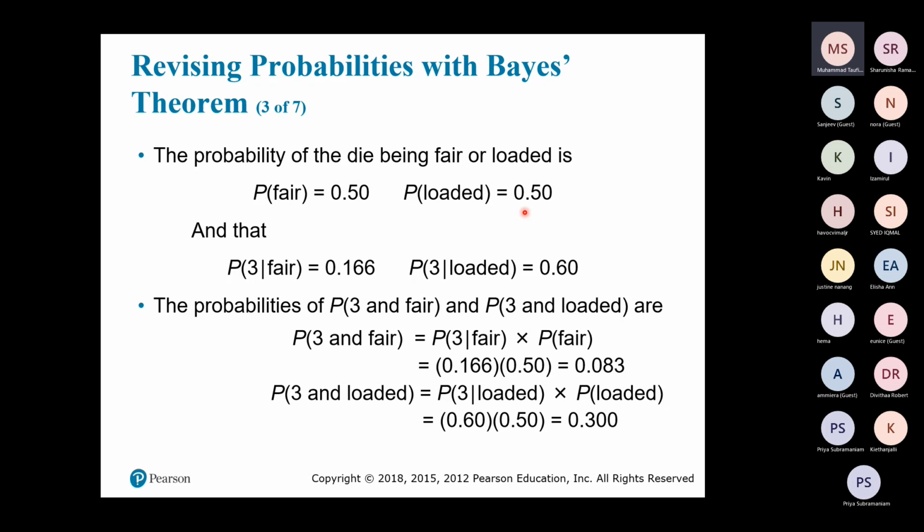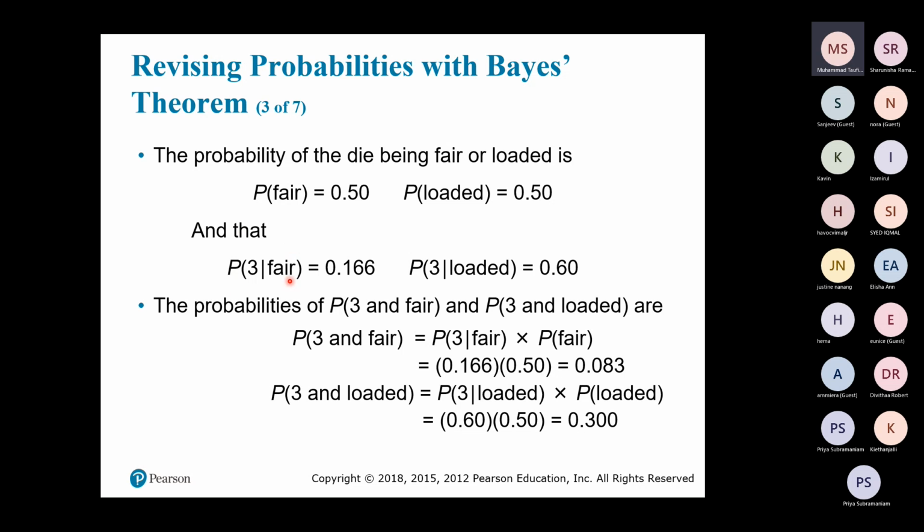When you pick a fair die, the probability of rolling number 3 is 0.166. And then the probability of getting 3 if you pick the modified die is 0.6. So this is the conditional probability.